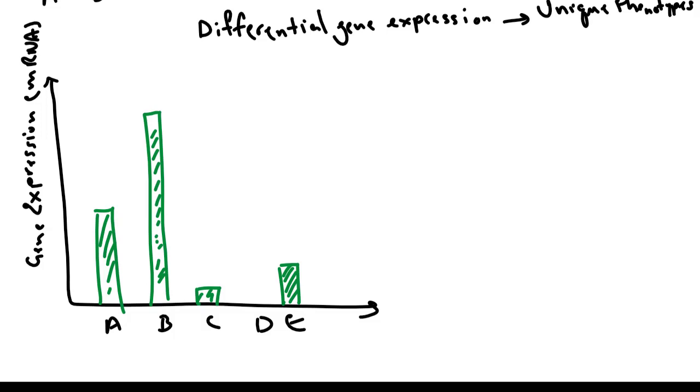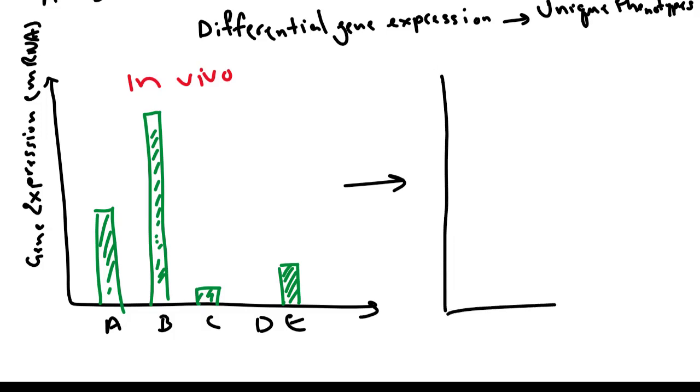Now, this is in vivo, so let's just make sure we know that. This is in vivo, within the organism. When I move these cells to an in vitro environment, an artificial environment, the expression levels don't necessarily change.